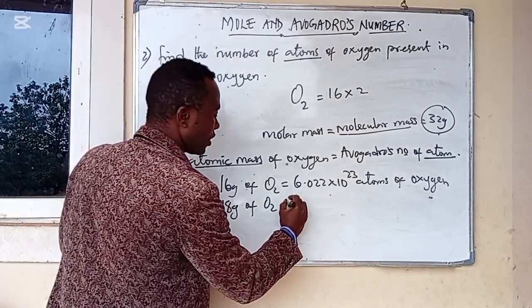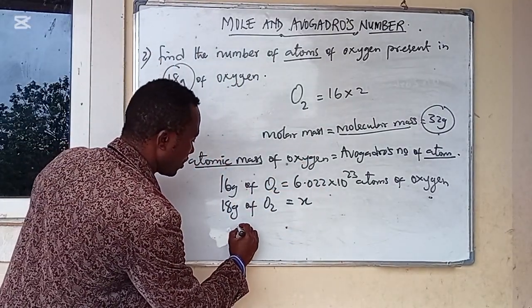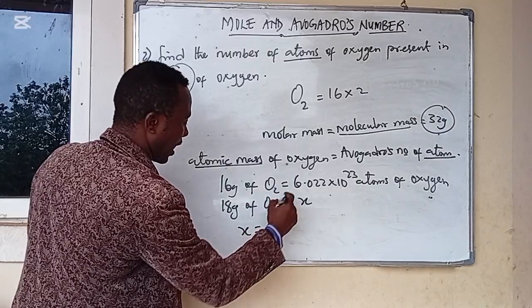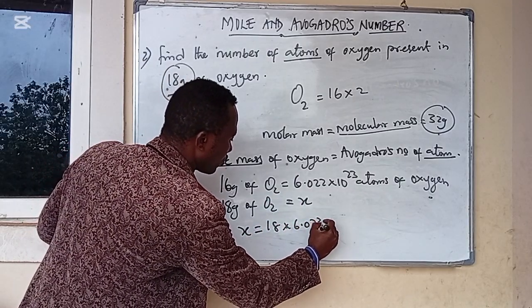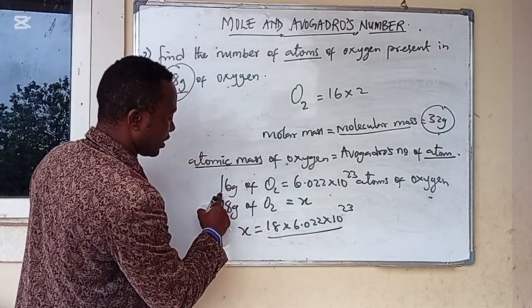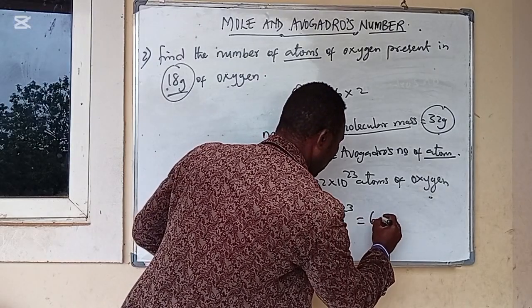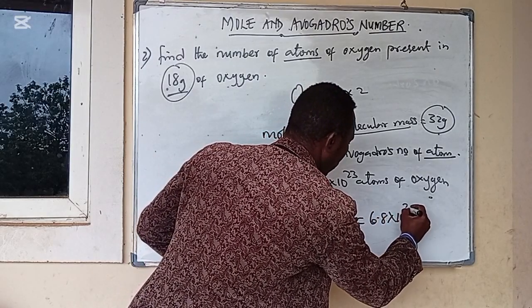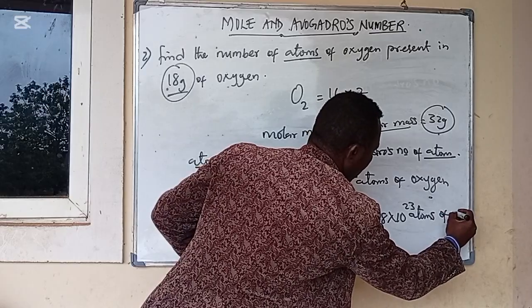Take the number of atoms to be x. It simply means that our x, if we cross multiply, will become 18 times 6.022 times 10 raised to power 23, divided by 16. So our answer will become 6.8 times 10 raised to power 23 atoms of oxygen.